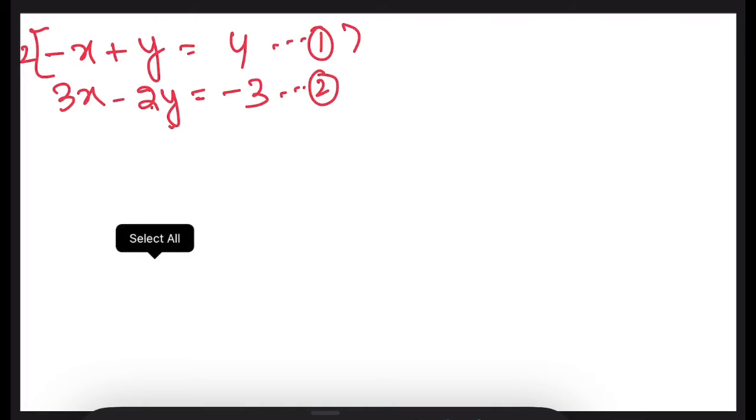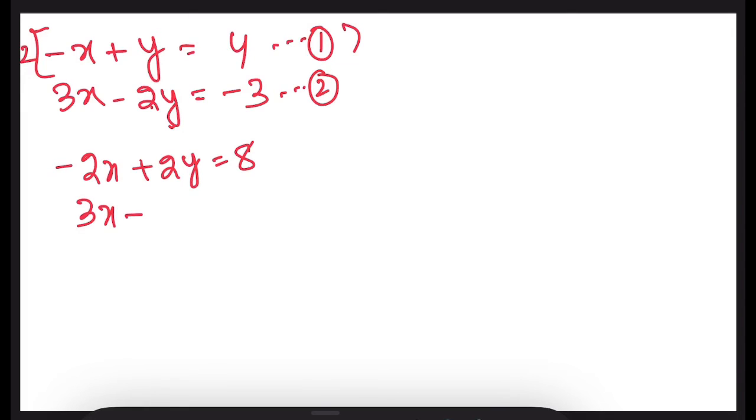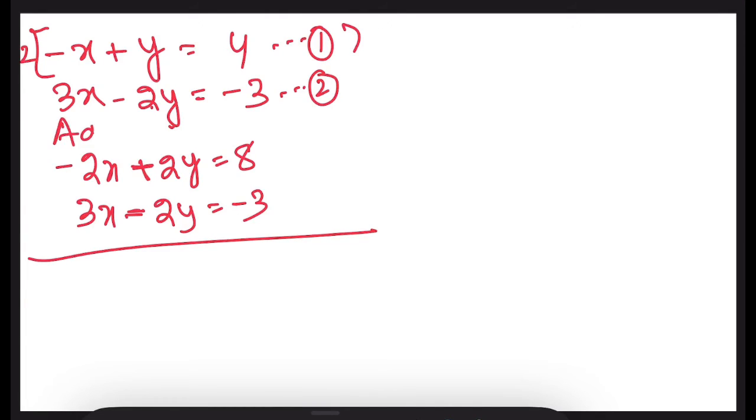So minus 2x plus 2y equals 8. Then 3x minus 2y equals minus 3. You see here plus 2y, minus 2y. So by adding, this is gone. Now this becomes x equals 5.